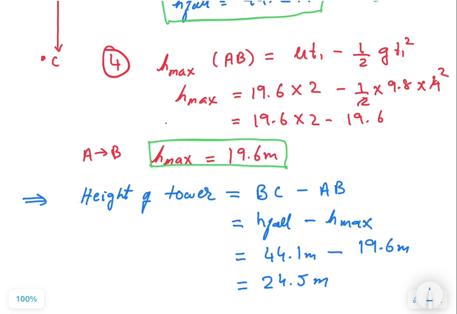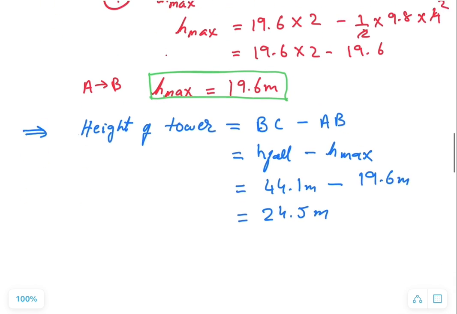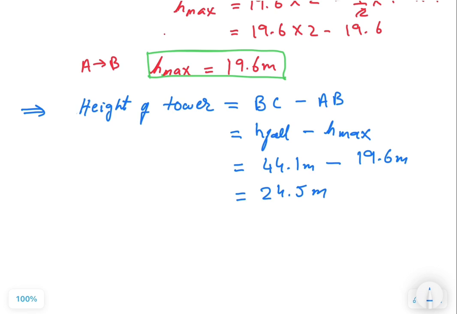Now the final velocity of the ball on reaching the ground. Just before it is touching the ground, what is the velocity of the ball? Final velocity is equal to gt.